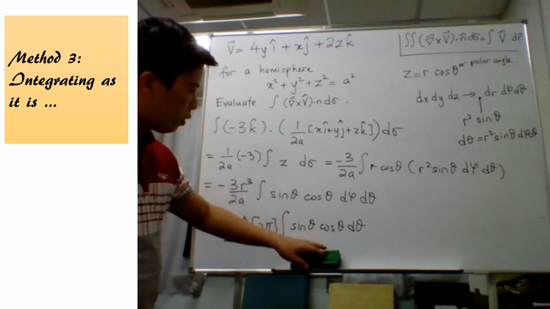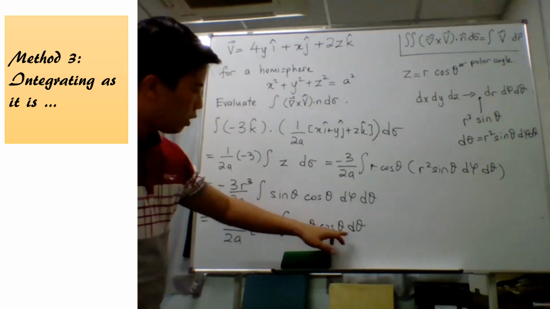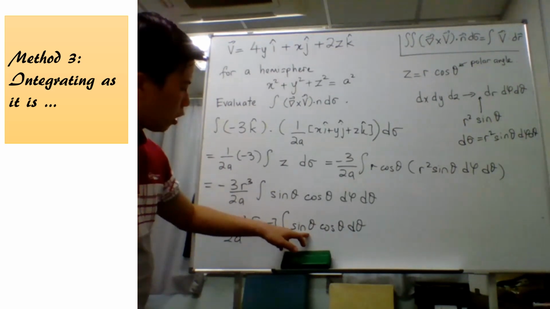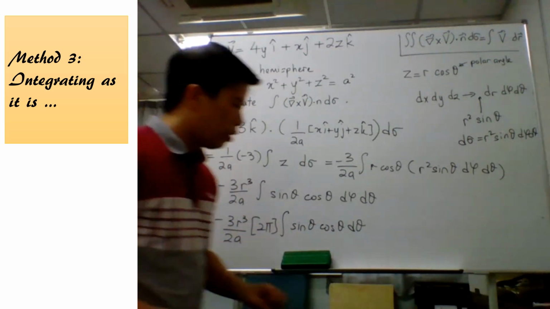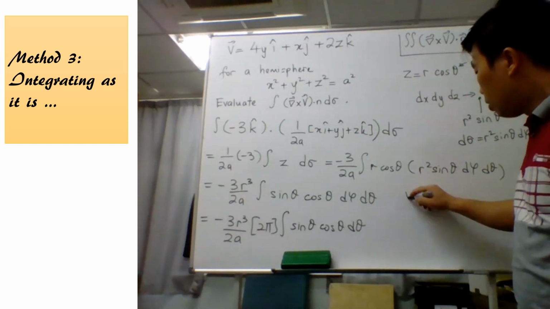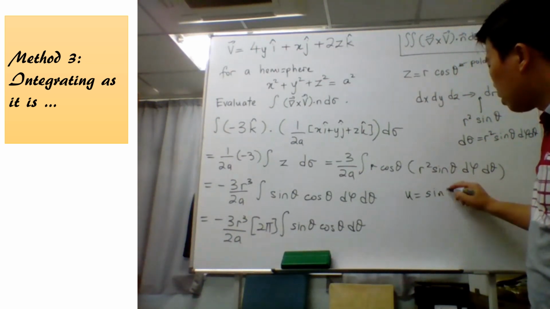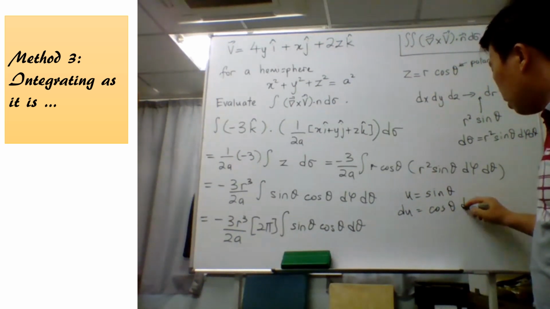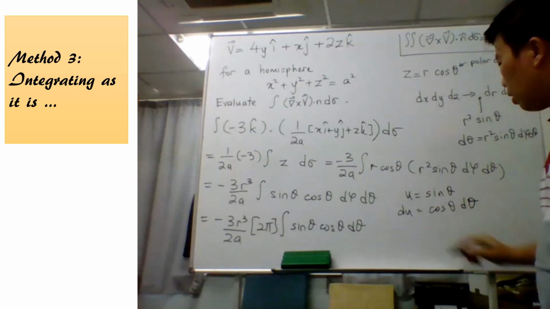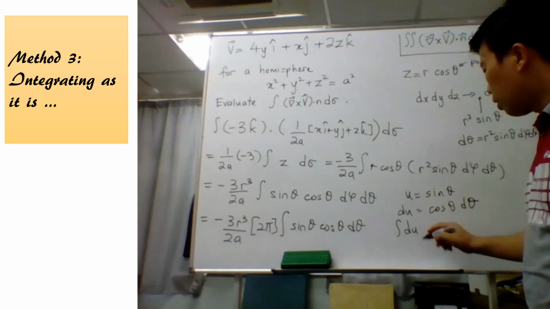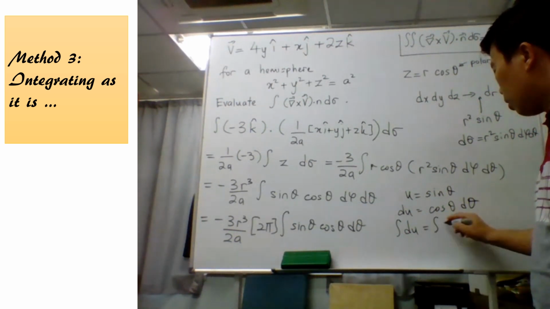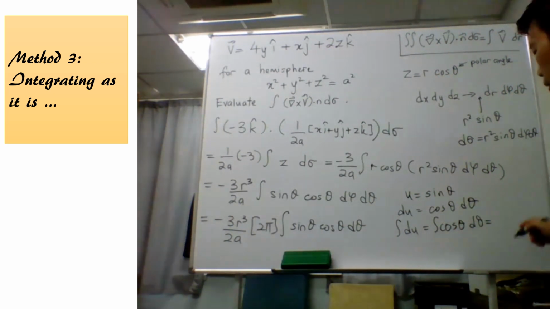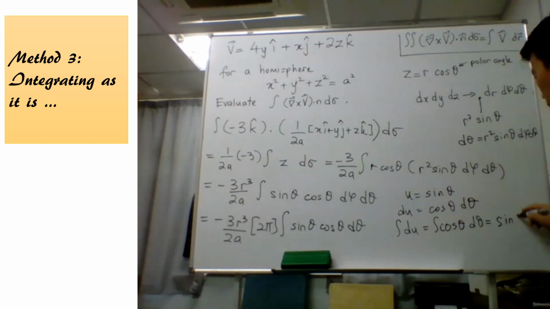And here you can notice that cos theta d theta is basically the differentiation of sine theta. Okay, so if you write u equals sine theta, you will have du equals cos theta d theta. So if you integrate du, basically you are going to integrate cos theta d theta, and this is going to be equal to sine theta.